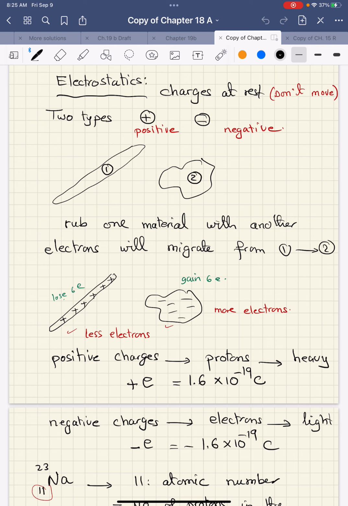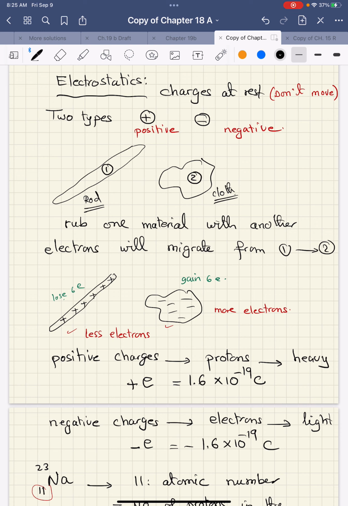Now, if I have here, let's say this is a rod and this is a cloth, whatever, I don't want to specify now what these are. If I rub one material with the other, the electrons have the ability to migrate from 1 to 2, or from 2 to 1. Here I'm going to assume it is from 1 to 2.